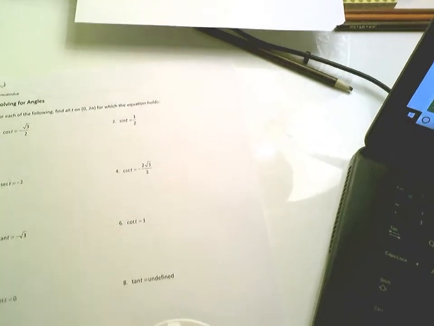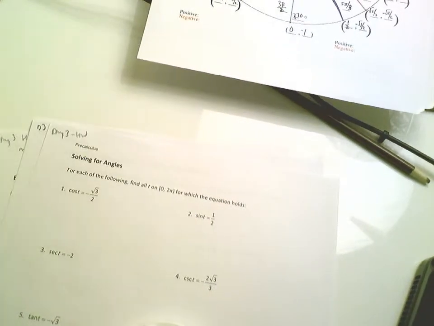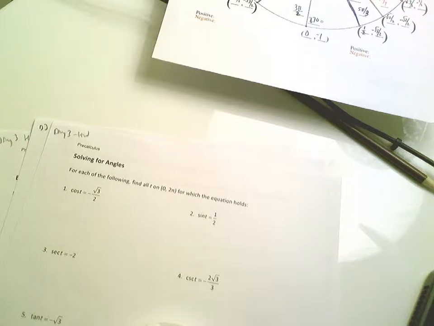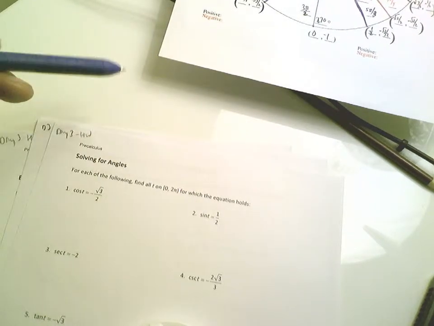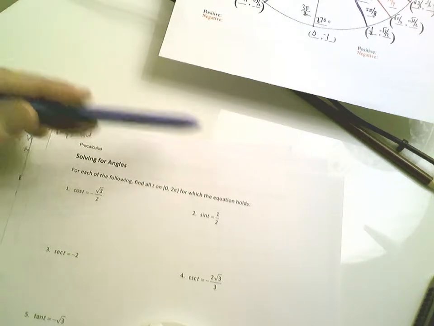So we're going to move back one page, and we're going to start solving for angles. This is some more of that 0 to 2π. Now on your notes, you're going to see a little bit more verbiage. This is kind of an older note sheet. But here is the key thing. We're going to be solving things of this nature. Find all angles, in radians, 0 to 2π, for which the equation holds.